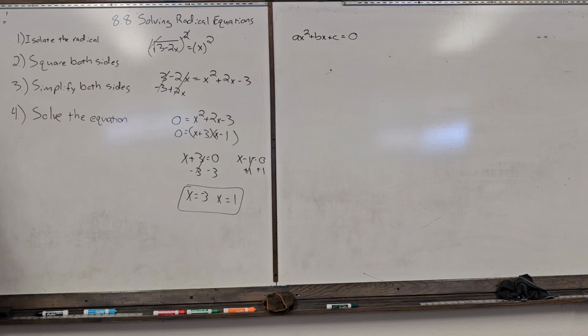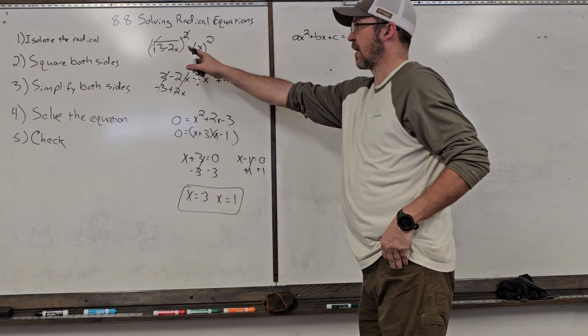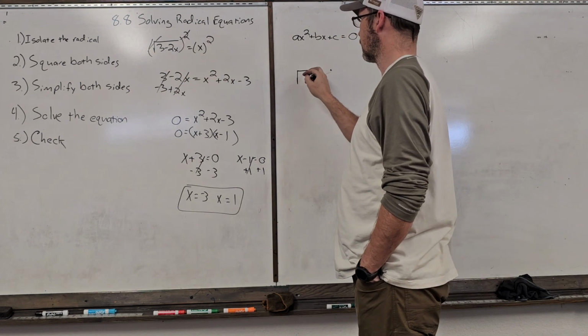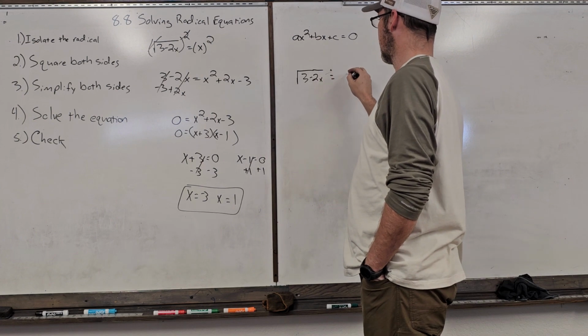Alright. So the last step, I've done it on every one so far, is to check. So, when I check these 2 answers back into this original equation, I have the square root of 3 minus 2x equals x.